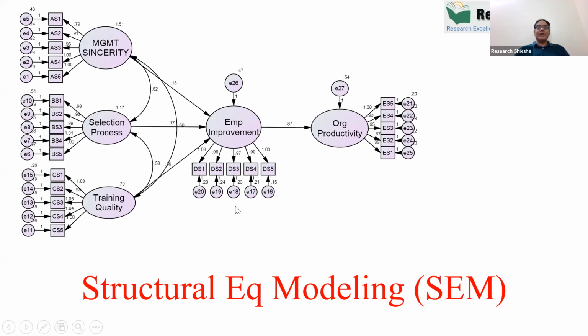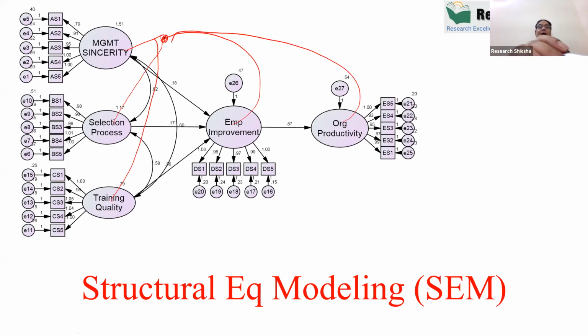I have to explain the diagram first. In this diagram, there are these circles, and these circles are known as constructs. Number one, I hope you know what a construct is.